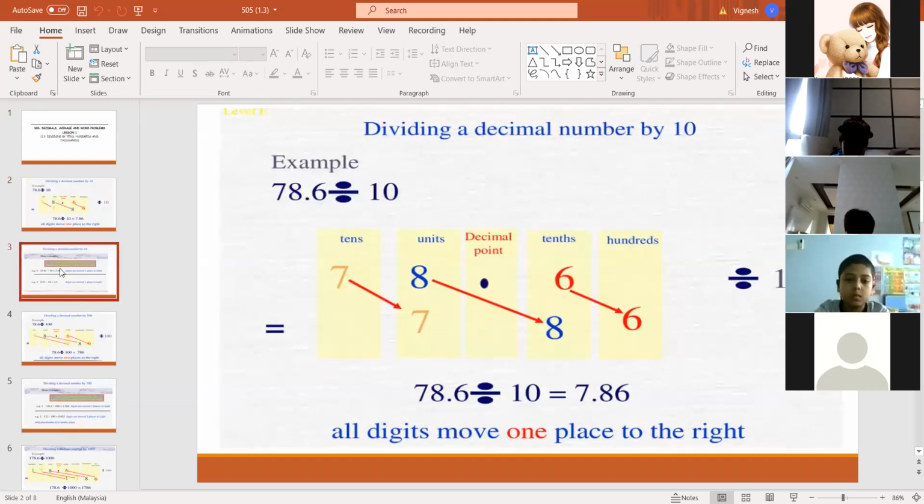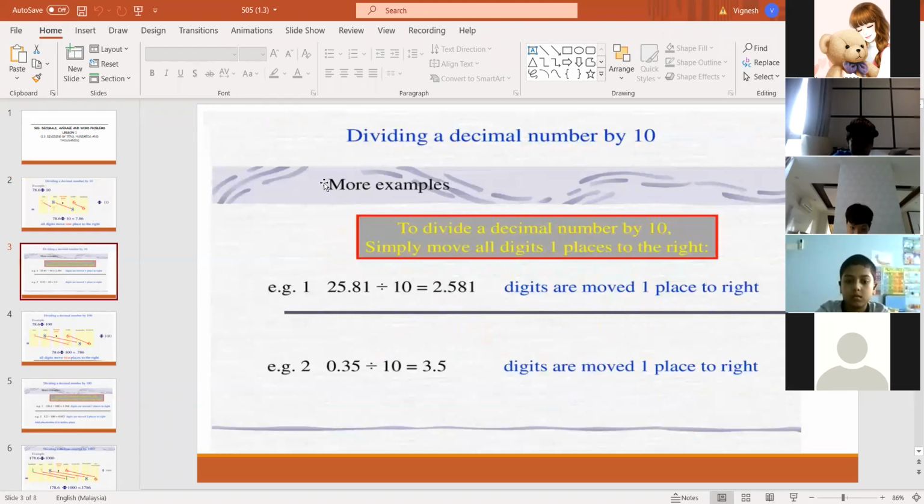How about 78.6? Okay, teacher straight away goes to the example. As you see here, 25.81. If you are dividing by 10, 10 means how many decimal places we need to move to the left? Class, 10 means how many decimal places you need to move? 1.